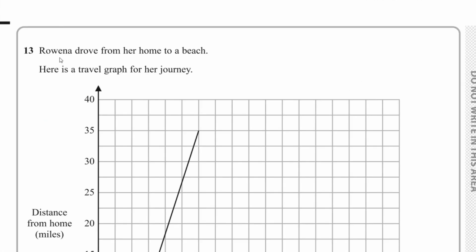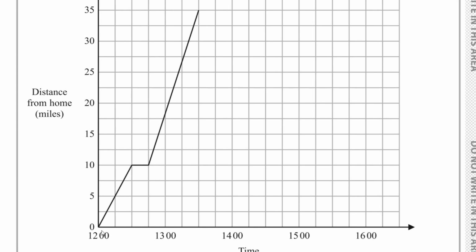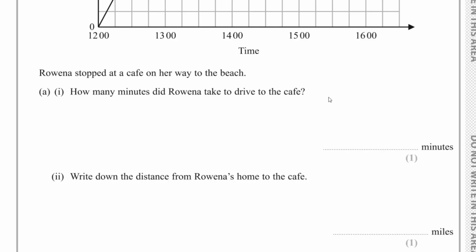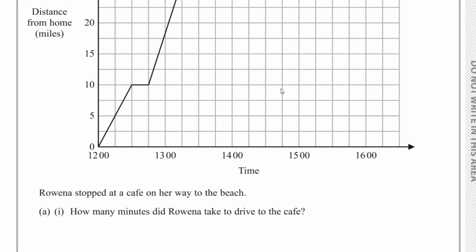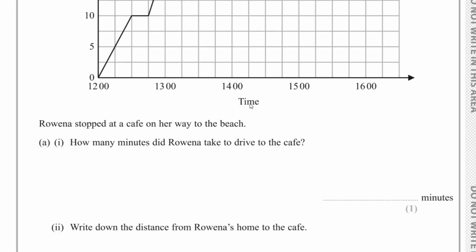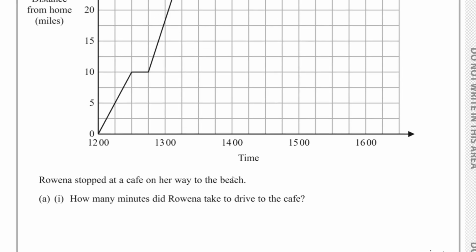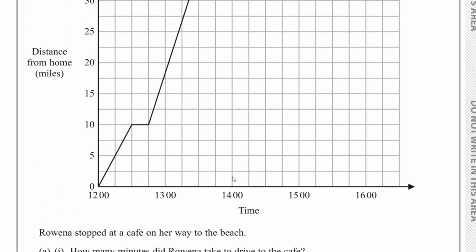Question number 13. Rowena drove from her home to a beach. Here is the travel graph for her journey. Rowena stopped at a cafe on her way to the beach. How many minutes did Rowena take to drive to the cafe?